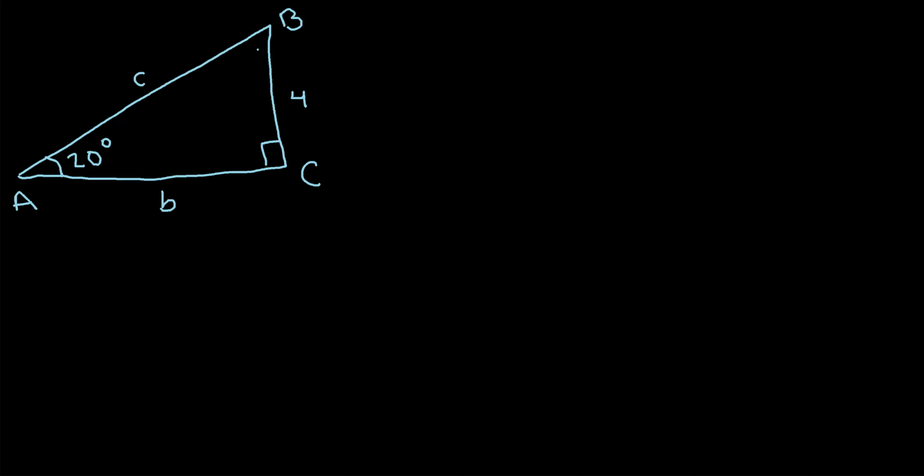So once again, if we call this missing angle up here x, we know that the three angles of a triangle must add up to 180 degrees. So we can solve for x by saying 20 degrees plus, remember this square represents a right angle, so 90 degrees. So 20 degrees plus 90 degrees plus whatever x is must add up to 180.